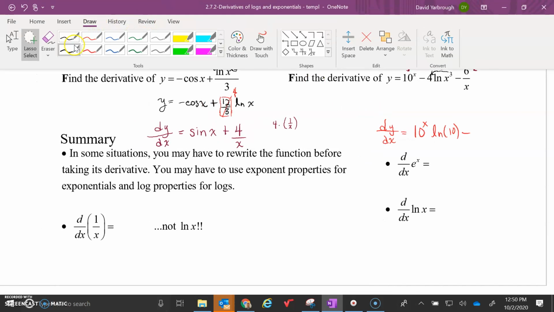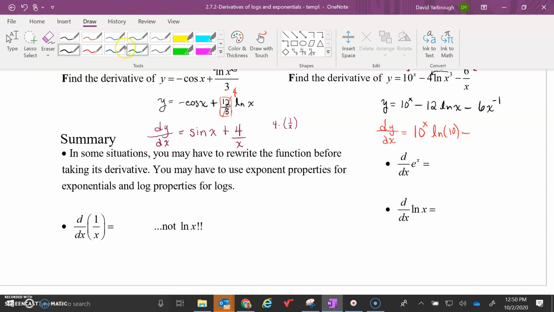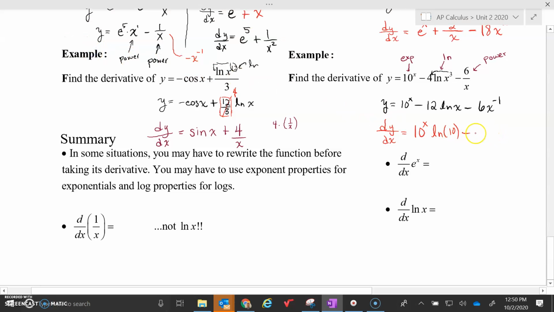Alright, so what we're going to do then is just rewrite this. Y equals 10 to the x minus 12 ln x, and you might rewrite this one as 6x to the negative 1, and that last part there becomes optional as you get more and more comfortable doing these.